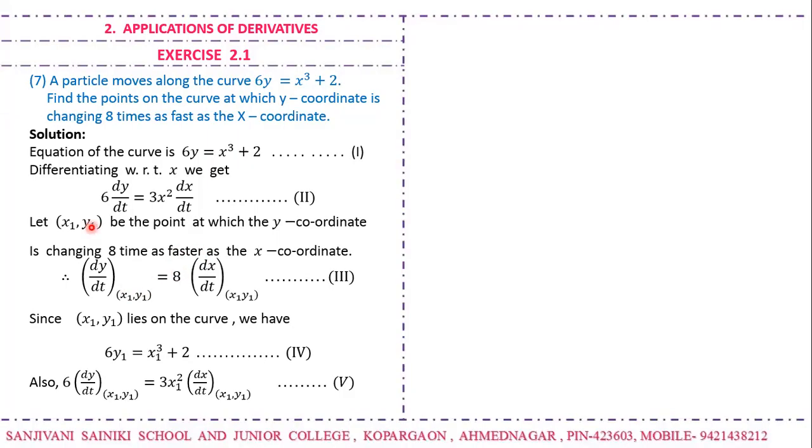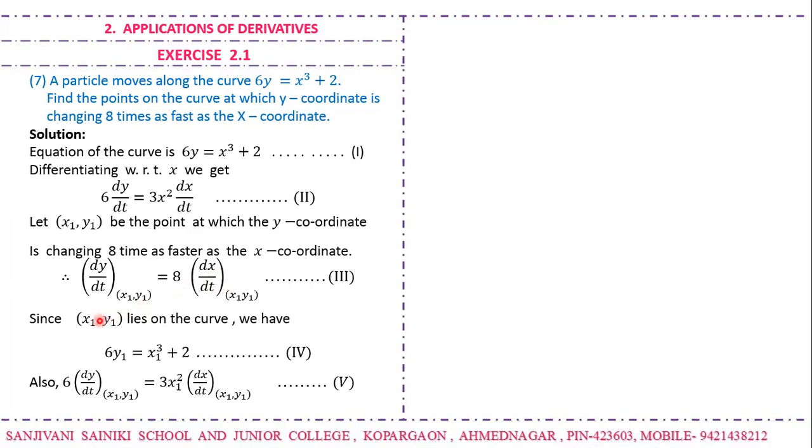So it is given that the y coordinate is changing 8 times as fast as the x coordinate. That means the rate of change of y is 8 times the rate of change of x.